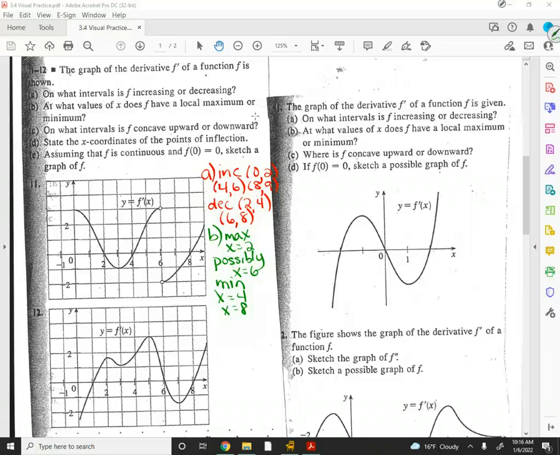If you think about this as the original, and you think about the second derivative as the first derivative, I know, crazy. When this is increasing, the slope is positive, which means the second derivative would be positive and concave up. So whenever the first derivative is increasing, the second derivative is concave up.